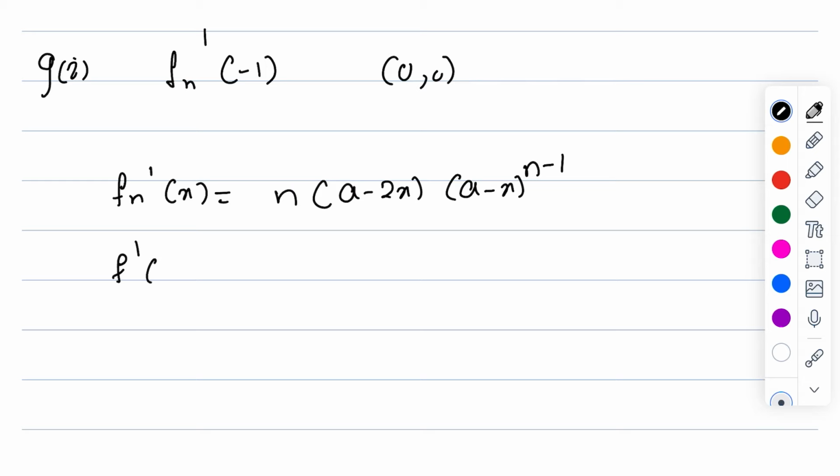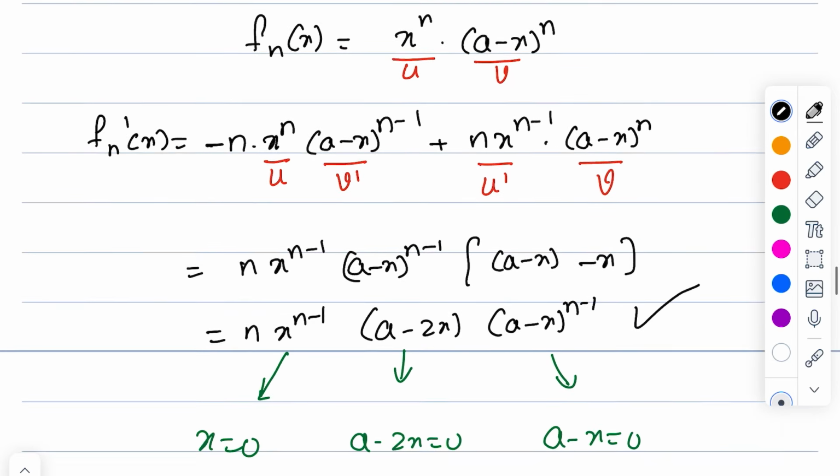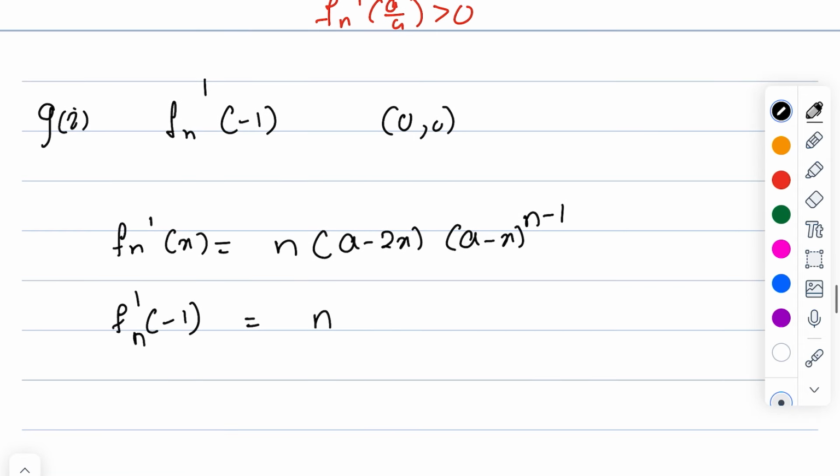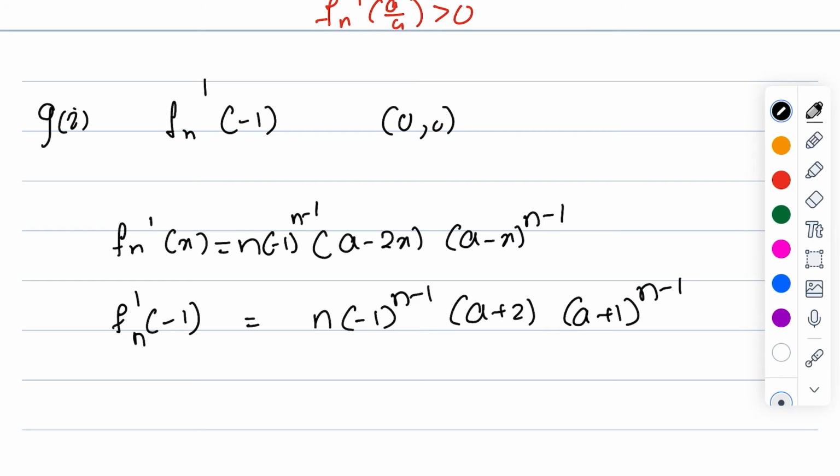Now I'm going to find fn prime of negative 1. Already we have found it, again we will find it. So it becomes n times x power n minus 1, so negative 1 whole power n minus 1, then (a plus 2), then (a plus 1) whole power n minus 1.